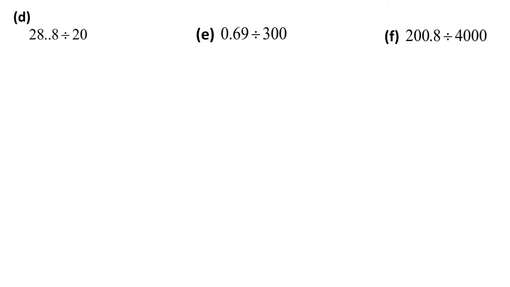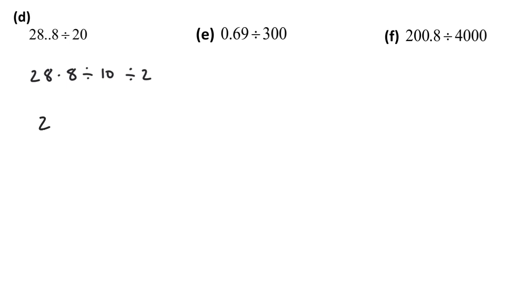Example D, 28.8 divided by 20. The way that we can do that is we'll divide by 10 and then by 2. You could divide by 2 and then by 10. We'll get the same answer. So 28.8 divided by 10 and then divided by 2. If we divide by 10, we move the decimal place 1 to the left.